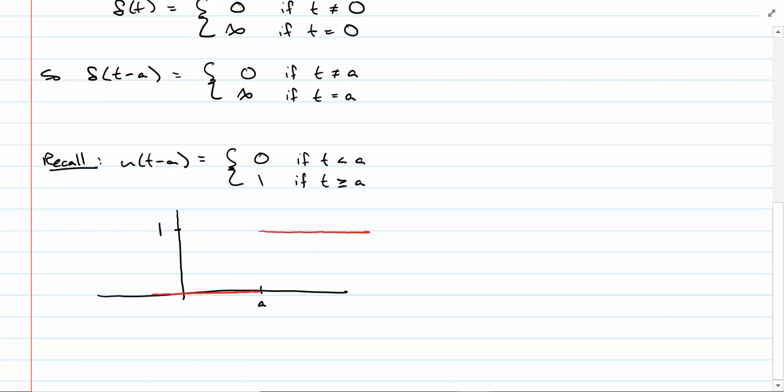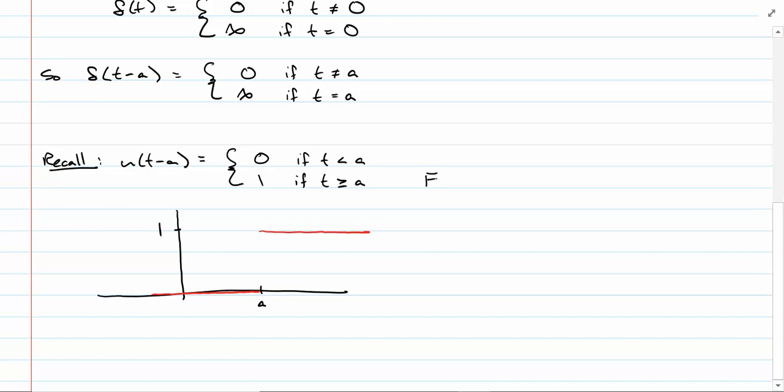What I want you to notice is that the slope here is 0, and the slope here is 0. So the derivative of the unit step function is 0 over here and 0 over here, but there's a vertical jump here. If it's going straight up, the slope would be infinite. So the slope is 0, infinity, and then 0. That's exactly what the delta function is.